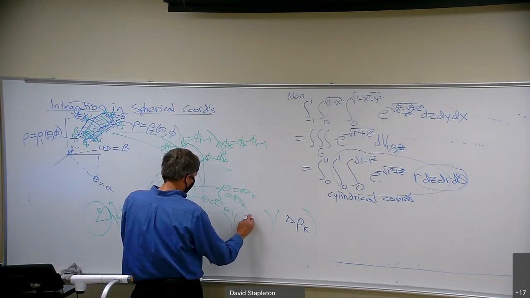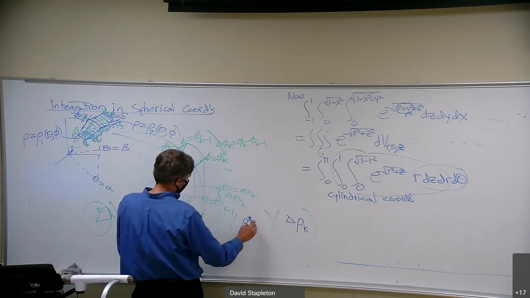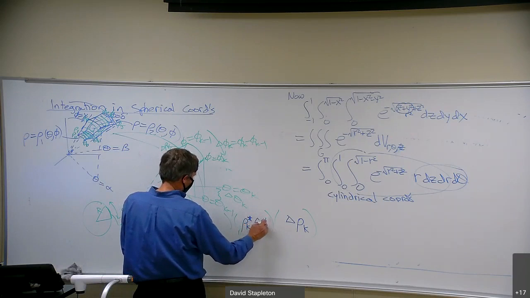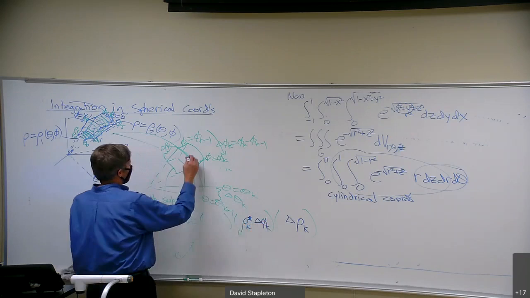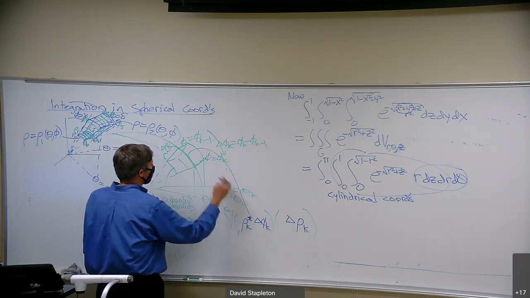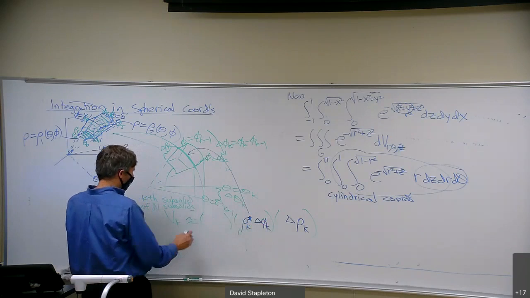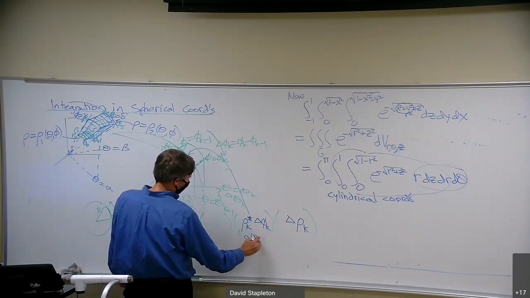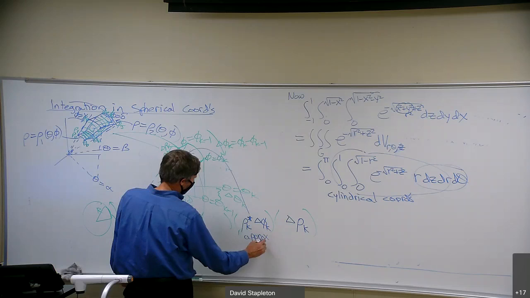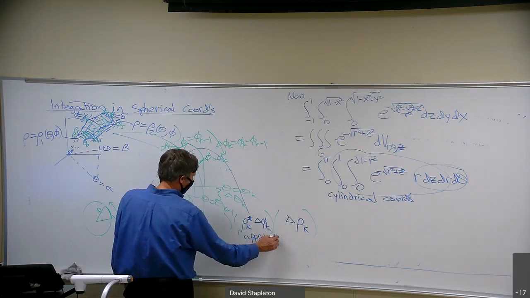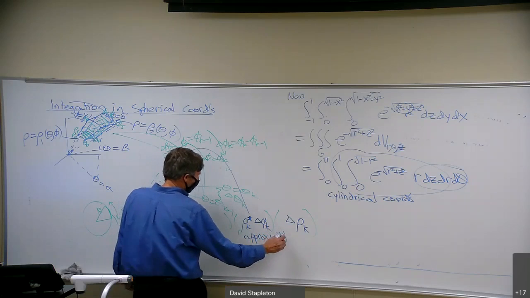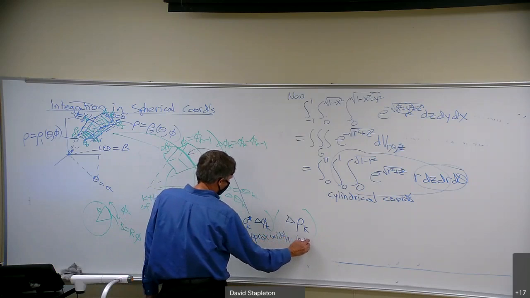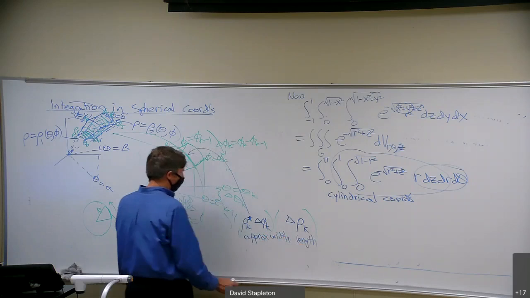Rho k star, the radius at some intermediate point, times delta phi k is the approximate arc length along here. So we'll say that this is the approximate width, or if you will, this is the length. Whichever one we call length, height, and width.